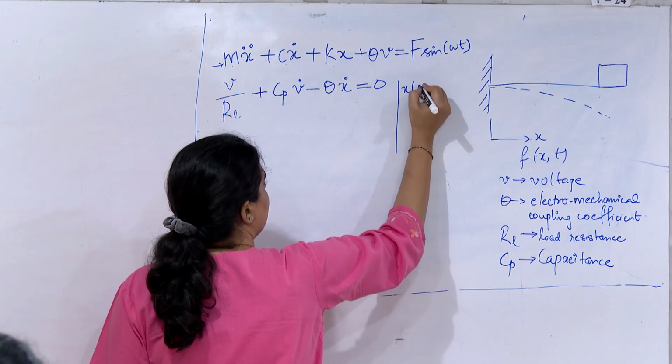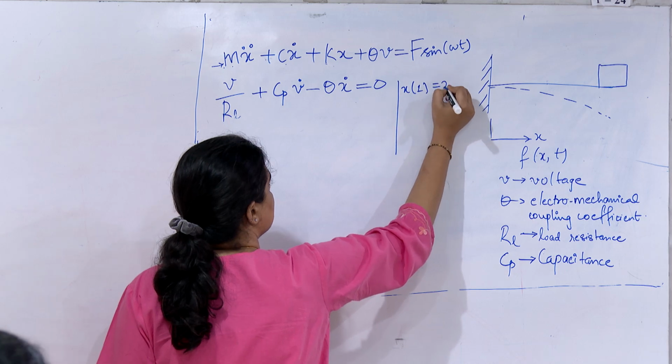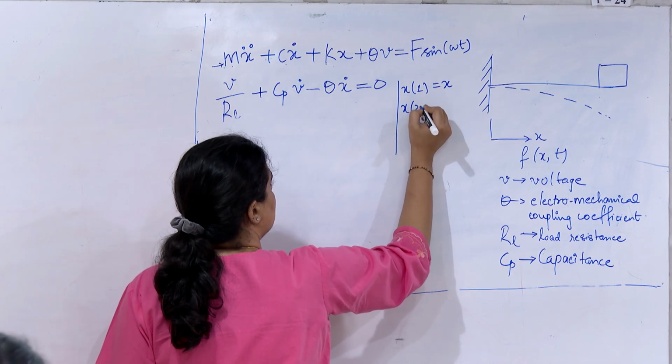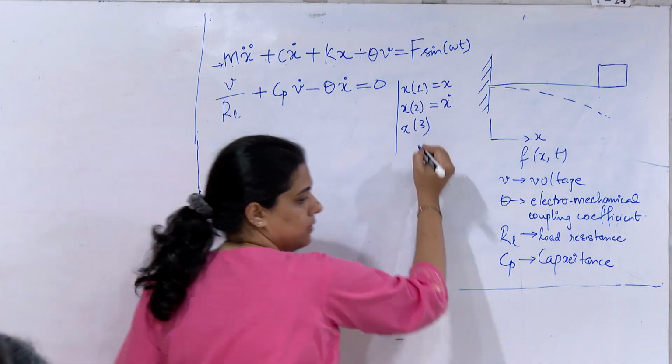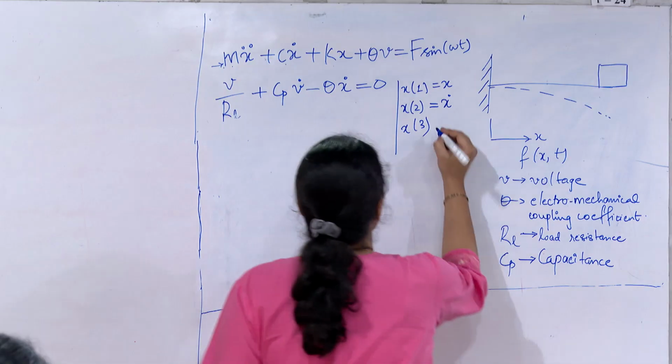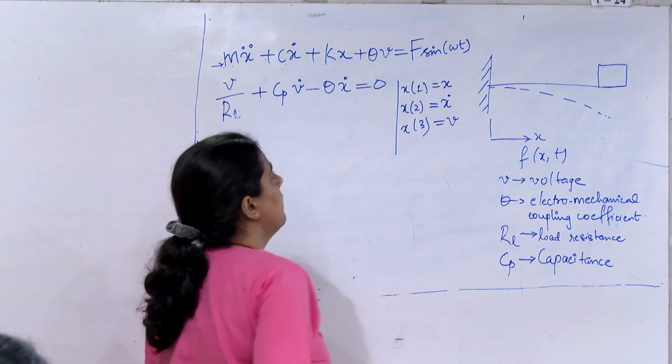My x of 1 is x, x of 2 is x dot, and x of 3 is v, right.